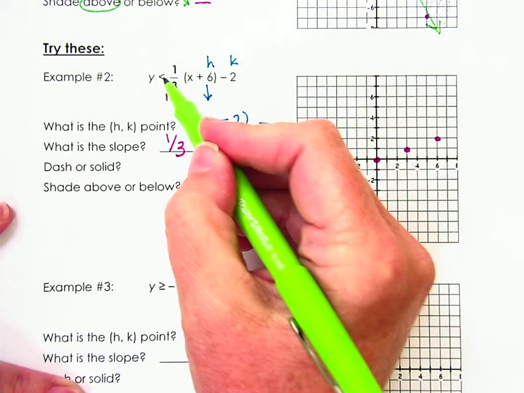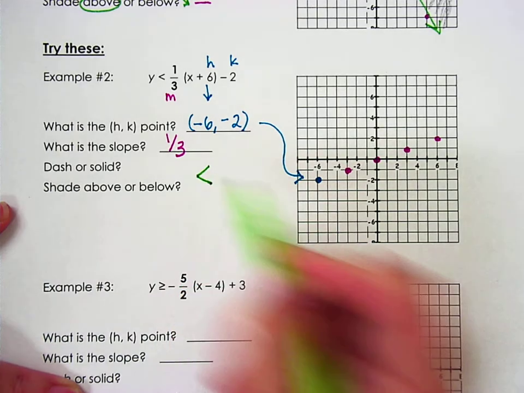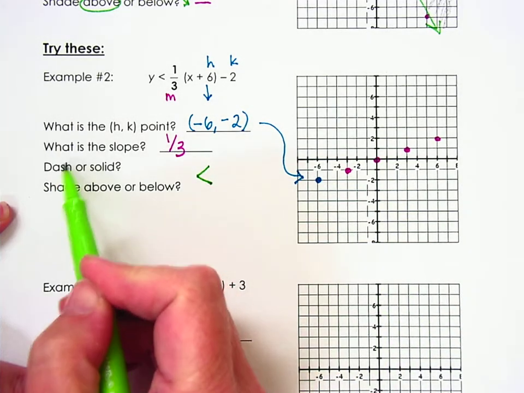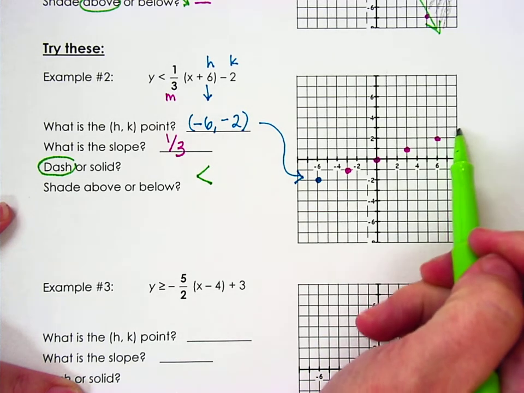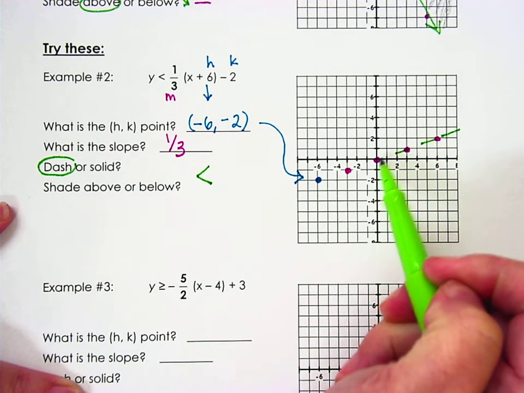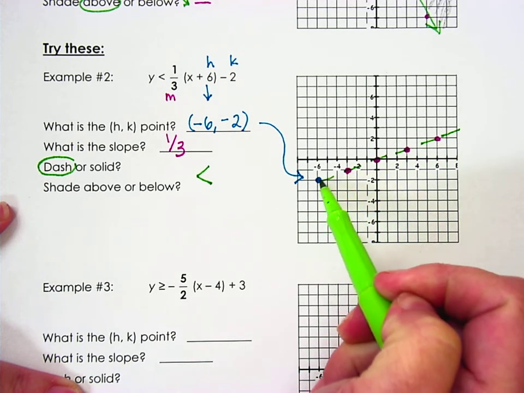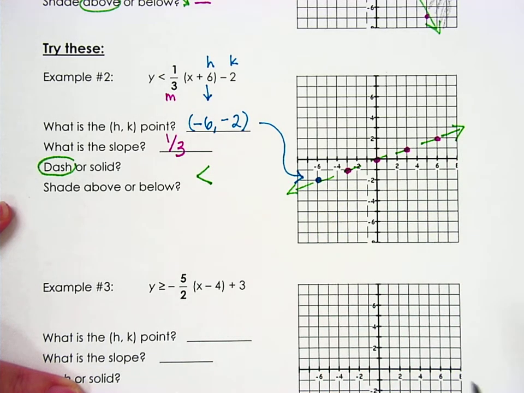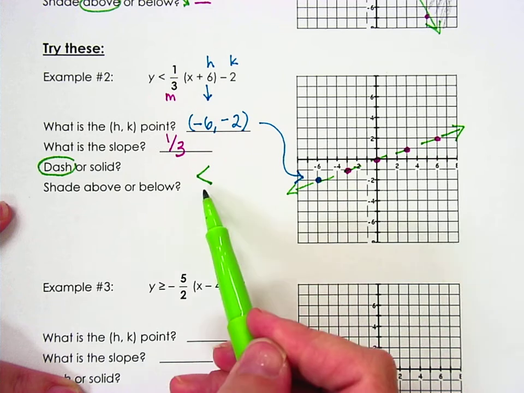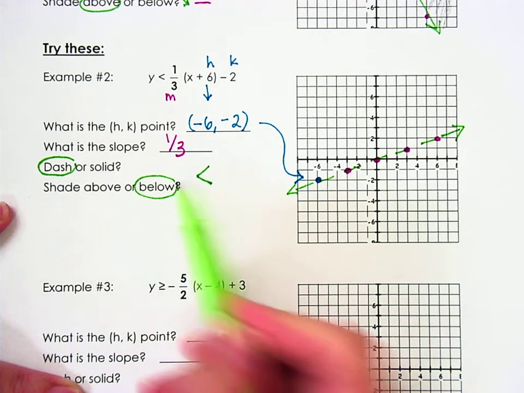I have a less than inequality. So this is going to be dashed because it's not inclusive. So I just connect those up as a dashed line. And then, because it's less than, my shading is going to be below the line.